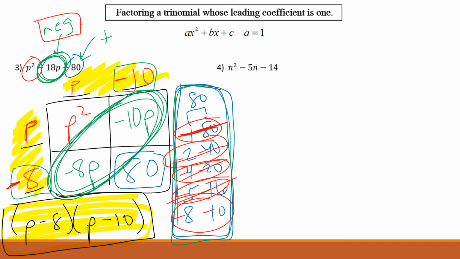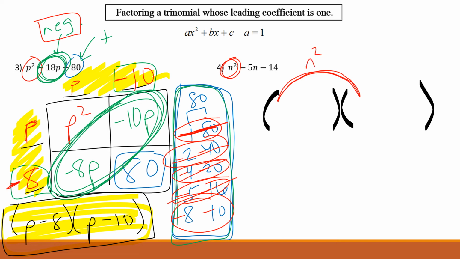So my answer is going to have, if you go back to those steps above, two bubbles, and inside each bubble, think about the process of distributing two binomials together. This first term comes from taking the first thing in each parenthesis and multiplying it together. So these two things have to multiply together to get n squared. So once again, there's only one way to do that, just n and n.